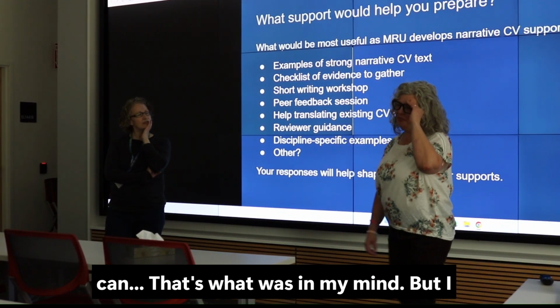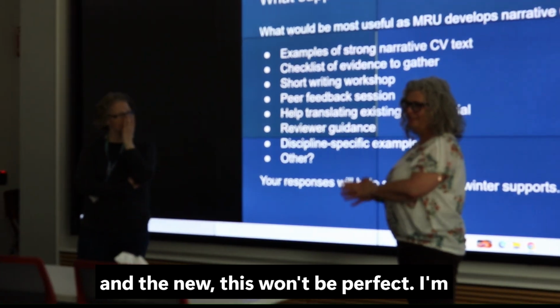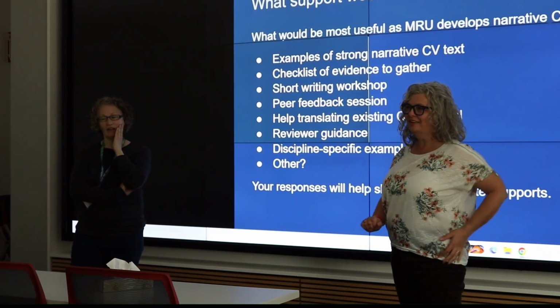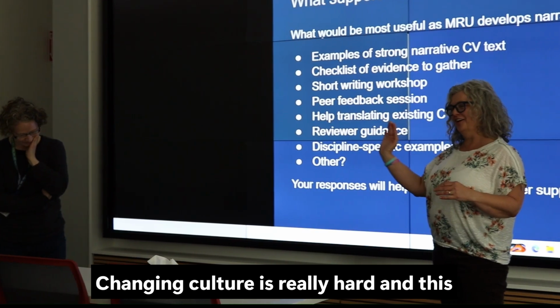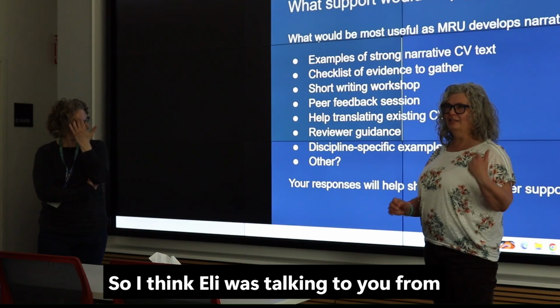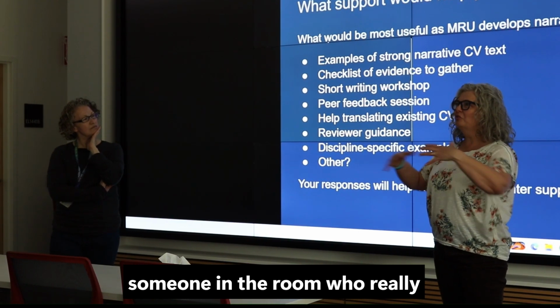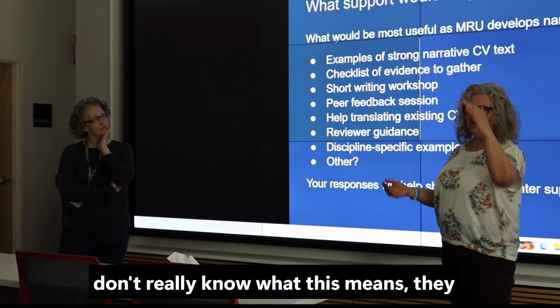That's what was in my mind. But I think the current system isn't perfect and this won't be perfect. I'm sure the rollout will be rocky in some ways. Oh, yeah. Changing culture is really hard and this is about changing culture. So I think Eli, who I was talking to from Concordia, was saying, yeah, if there's not someone in the room who really understands the why behind the CV, you can end up just evaluating, like, I don't really know what this means.